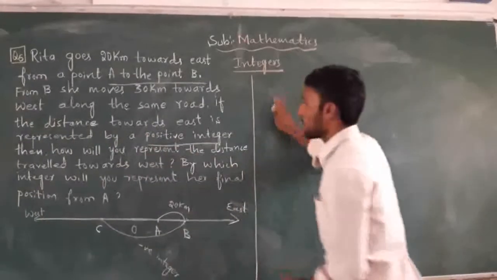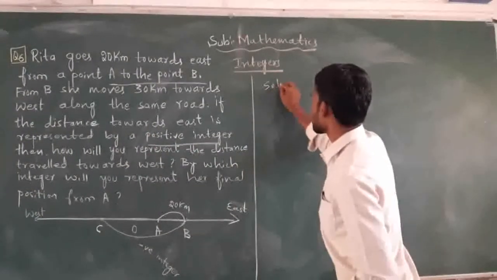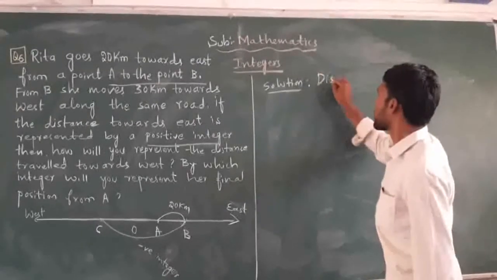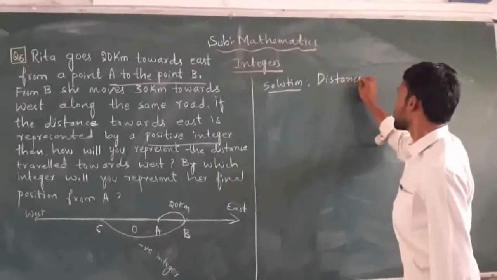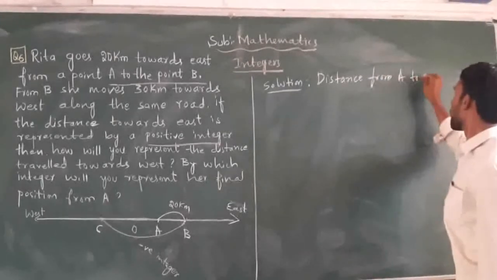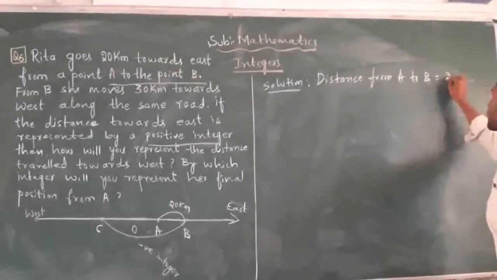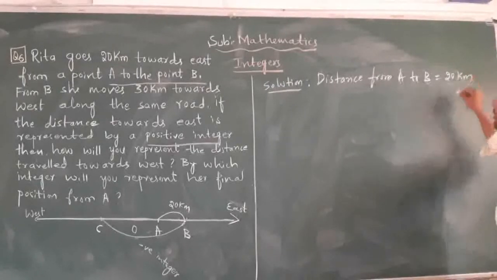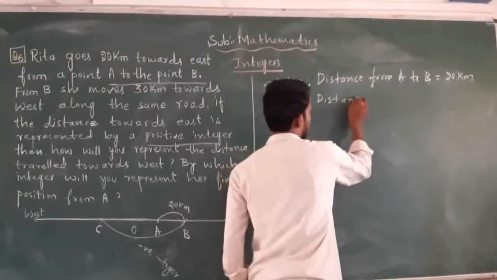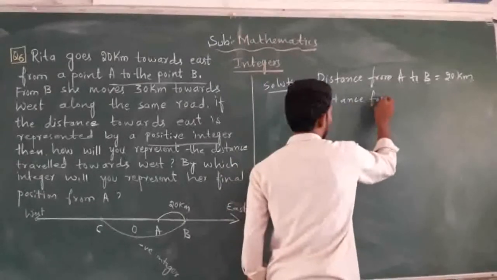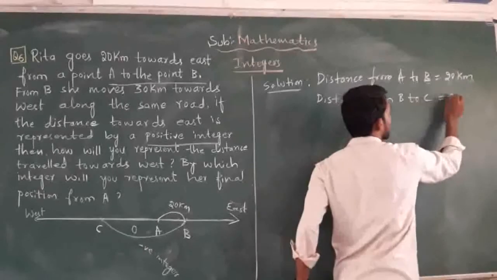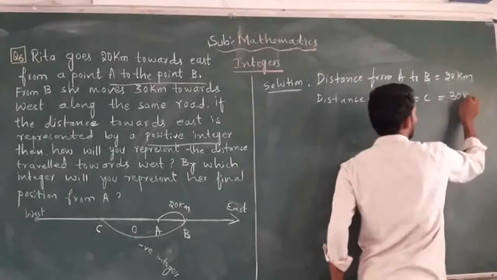See here, solution. Distance from A to B, that is the 20 kilometer distance. From B to C, this is the 30 kilometer.